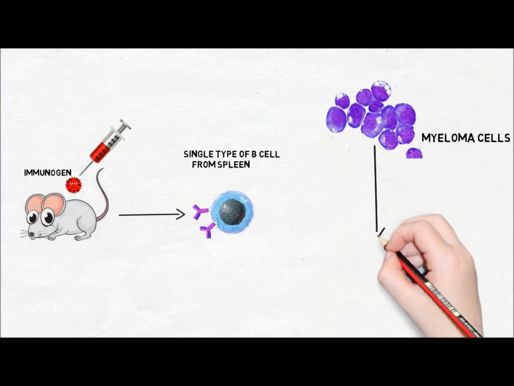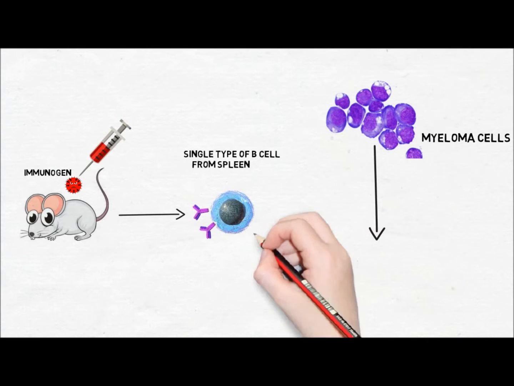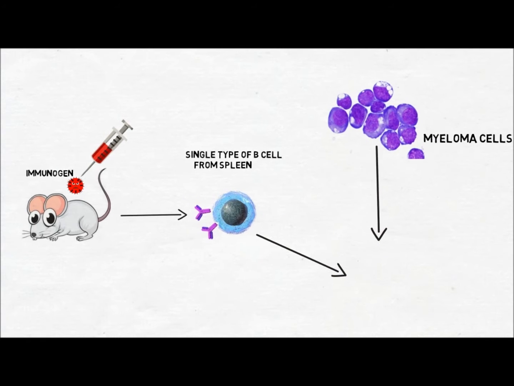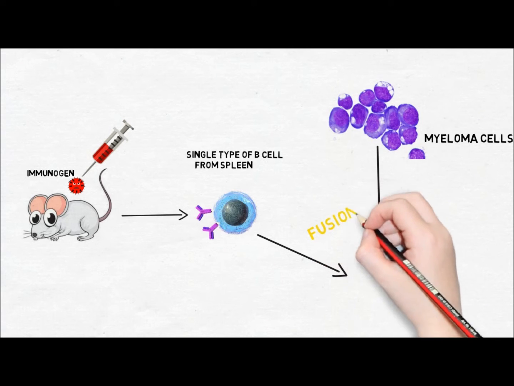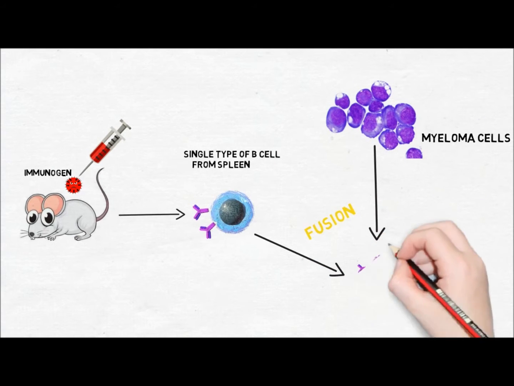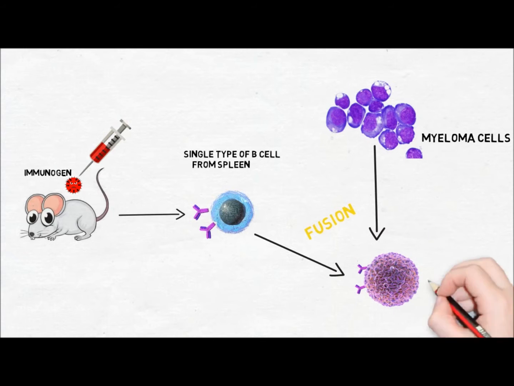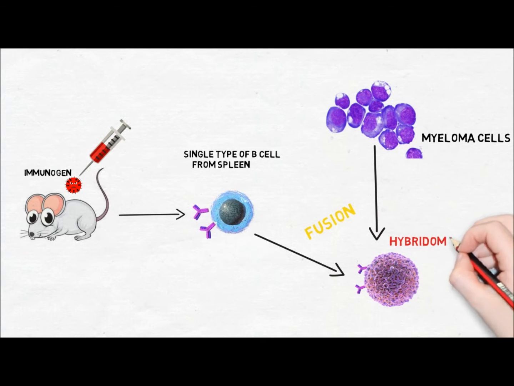So we take that single lineage of B cell, we culture it with myeloma cells in a cell culture media, and they will undergo fusion to give rise to a hybridoma cell line. The hybridoma will be the one producing the monoclonal antibody.